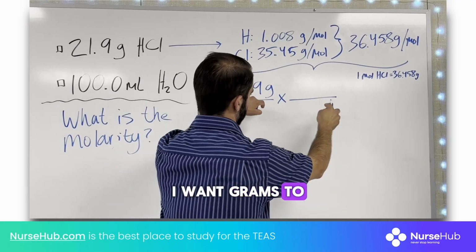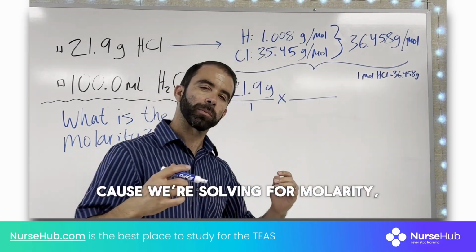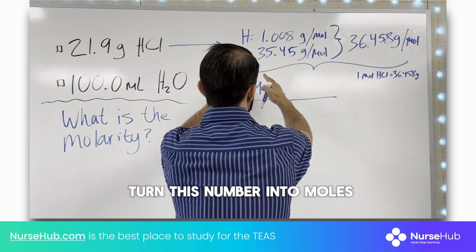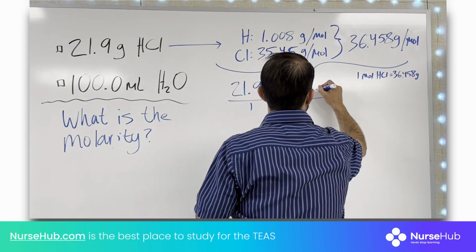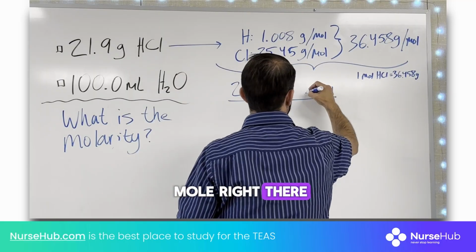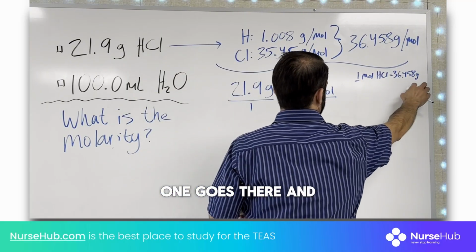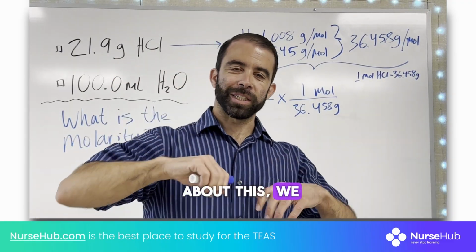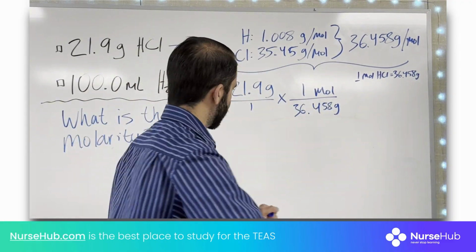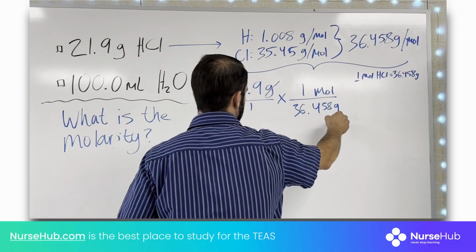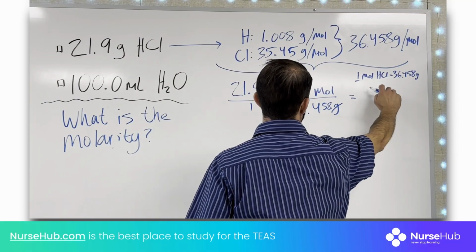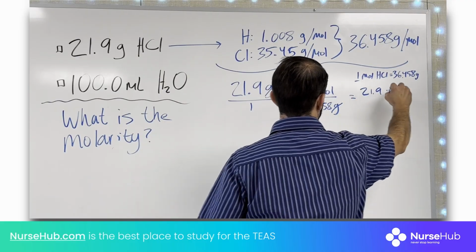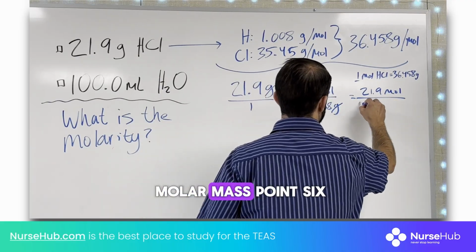I want grams to go away, leaving me with the moles. It's looking for molarity. Remember? Moles on top, liters on the bottom. So I need to turn this number into moles. So I'll put the mole right there. 1 goes there. And then grams going to go on the bottom. And the cool thing about this, we just cancel out units. Like this. Boom. Multiply everything to the top. I get 21.9 moles. Dividing that by the molar mass.